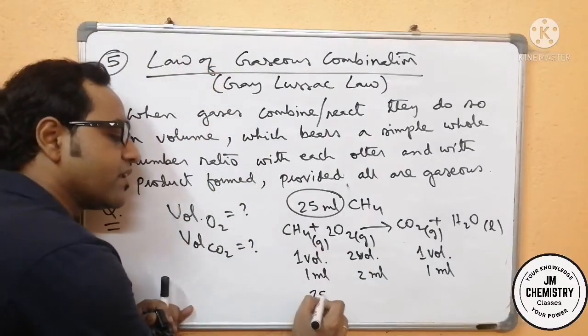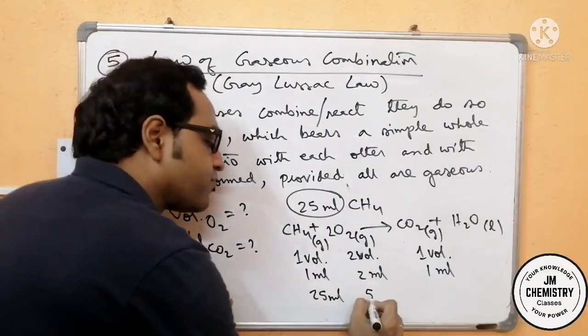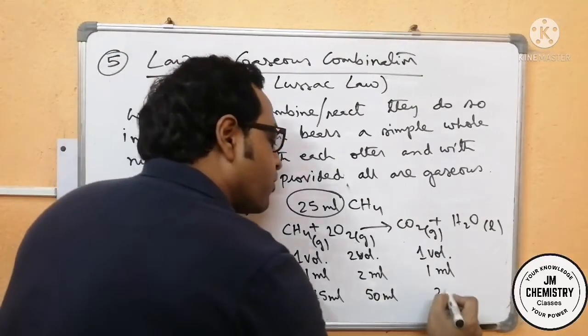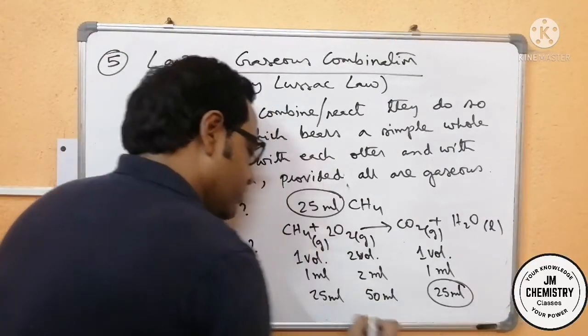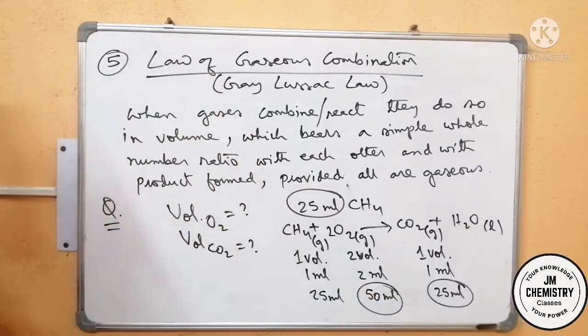So 25 ml will combine with 50 ml and it will form 25 ml. So we got the answer. 50 ml oxygen is required and 25 ml carbon dioxide is produced under similar conditions of temperature and pressure.